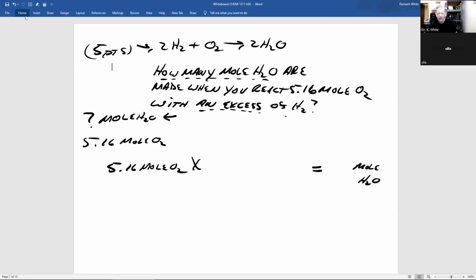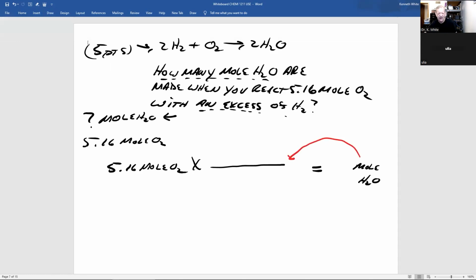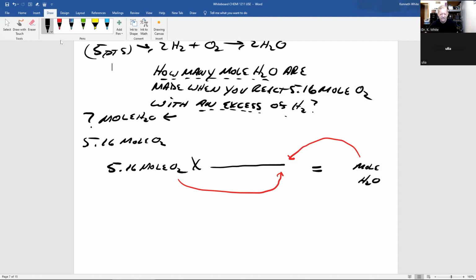So if I have a relationship or conversion factor, something divided by something else, how do I convert moles of O2 to moles of water? I use my good friend, my good buddy, unit analysis. Whatever I'm trying to get to goes on top of the ratio. Whatever I'm trying to get rid of goes underneath. And now I'll write that in.